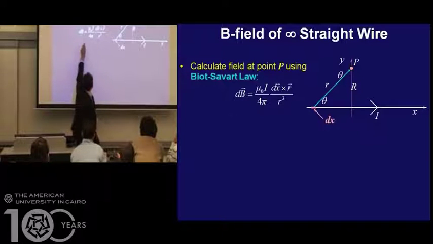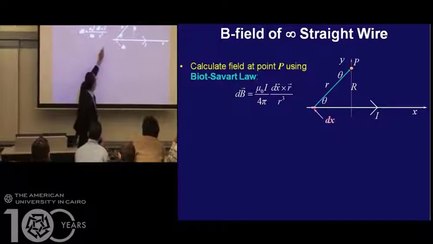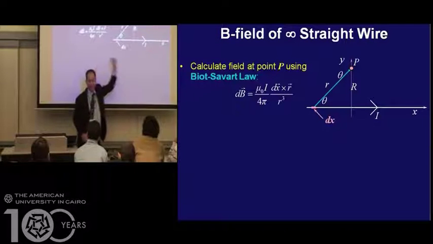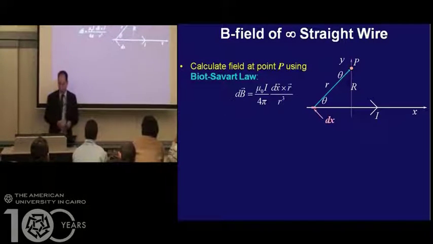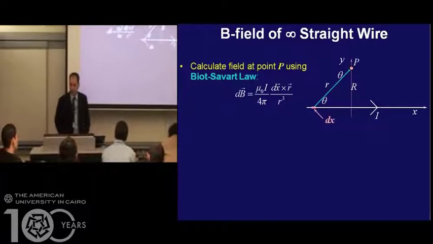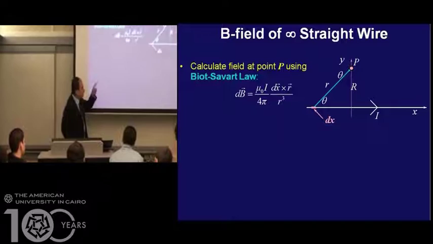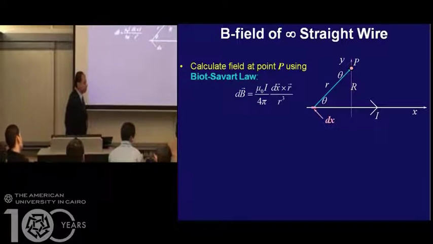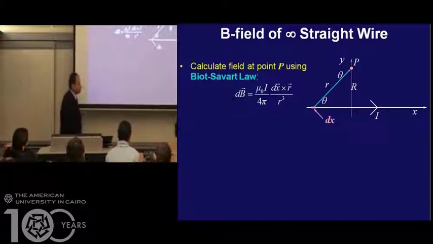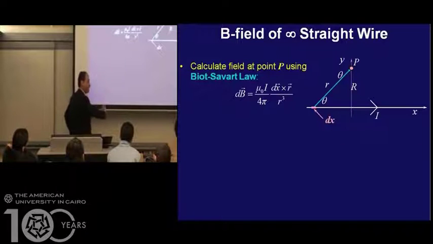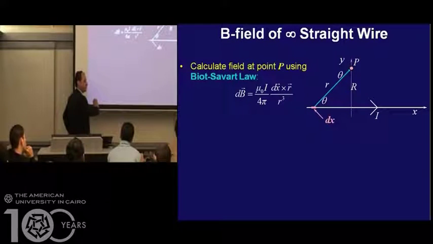Now if I do the integration all over that wire from negative infinity to positive infinity, I will be able to find the total magnetic field from that wire at point P. We're going to apply the same rule again when we study Ampere's law, and we'll see the difference between the two methods.